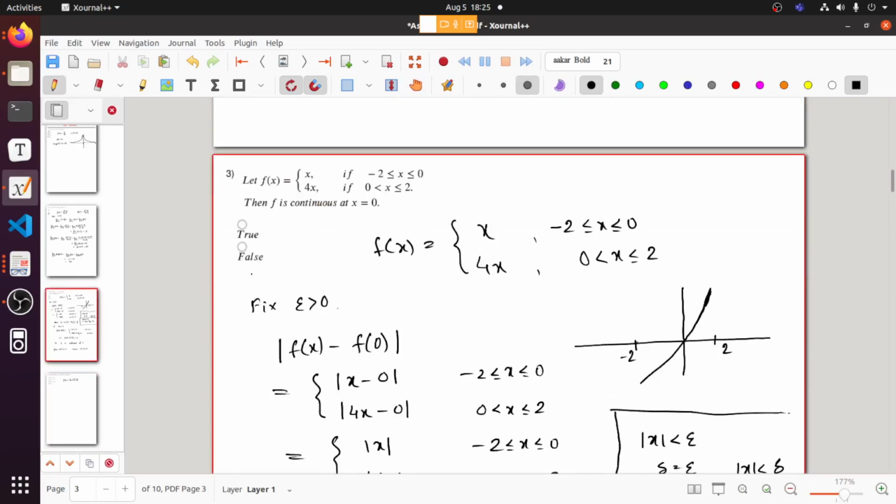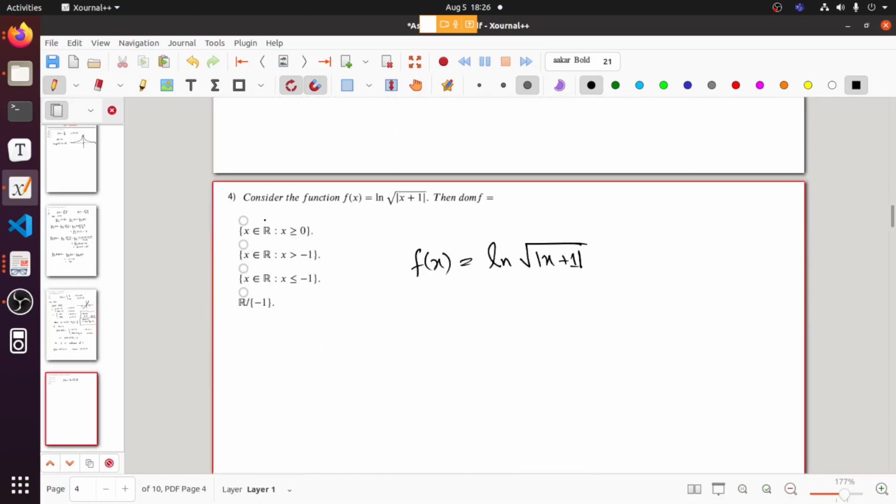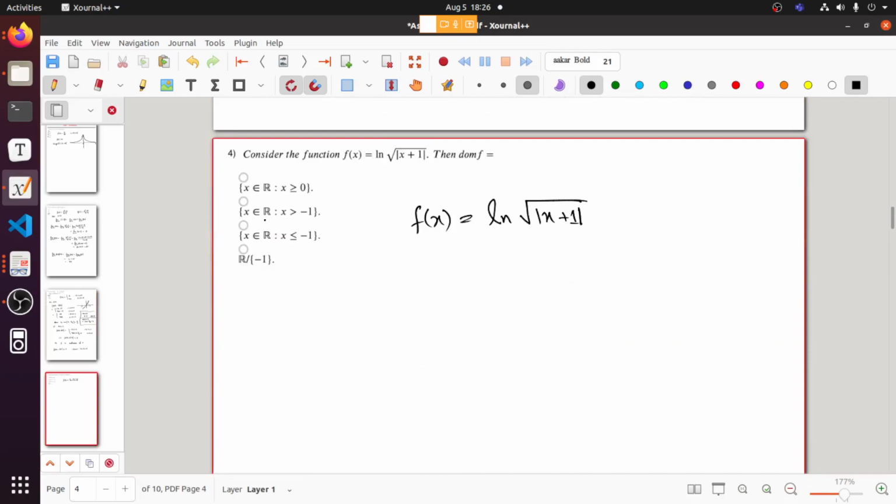So what is the option for the last one? It is continuous at 0, which means it's true, right? Okay, so it's true. The fourth one, you have to say what is the domain of f, where this function is well defined. You have to know that log is not defined at 0, ln is well defined for all x greater than 0, right?